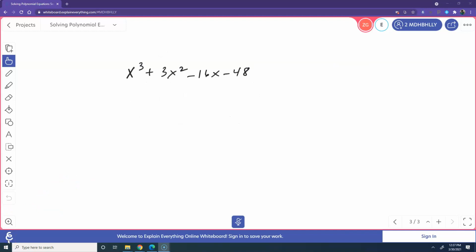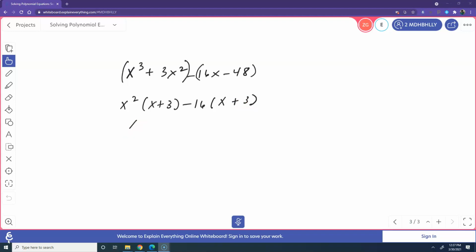So we're going to factor by grouping. We're going to group the first two, factor an x squared, and we're left with x plus 3. And then for the second group, we're going to factor a negative 16, and we're left with x plus 3.